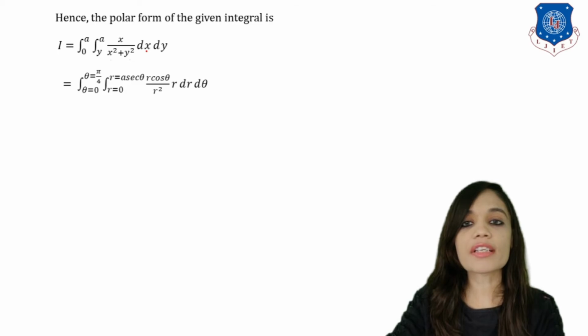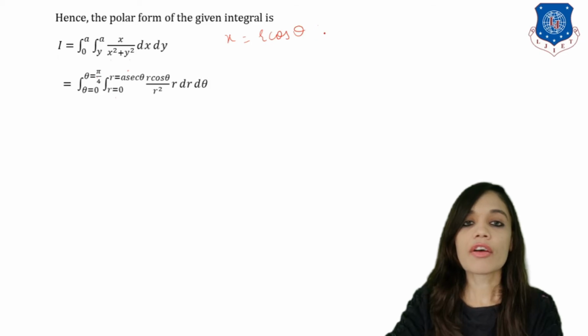Now let us change the limits and our given function. Firstly, our limits of r are 0 to a sec theta and the limits of theta are 0 to pi by 4.